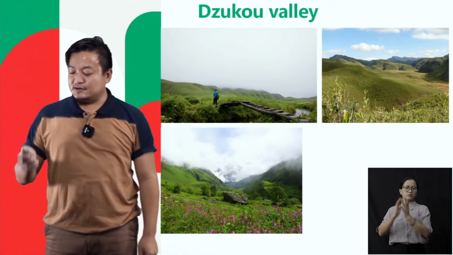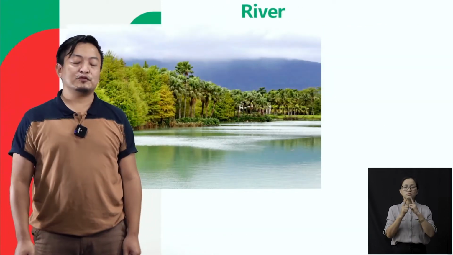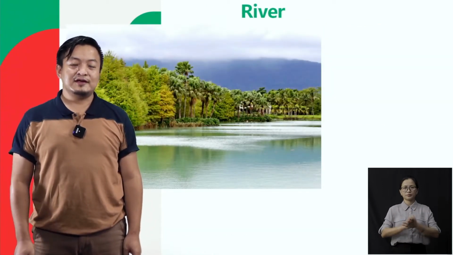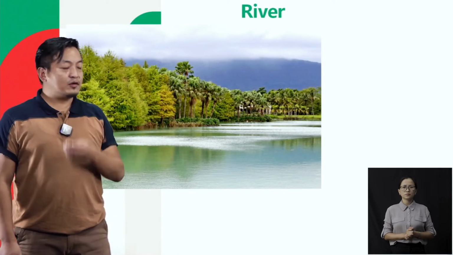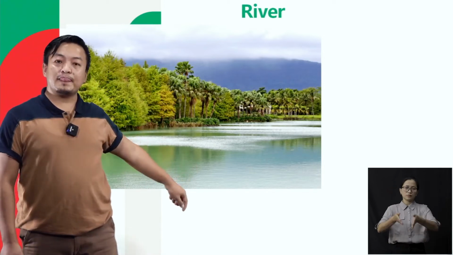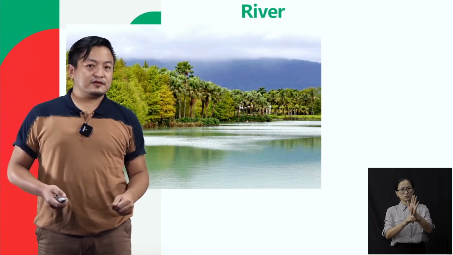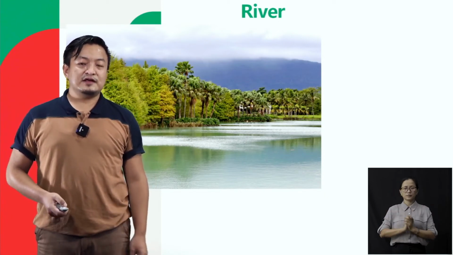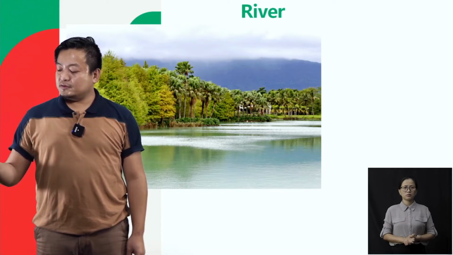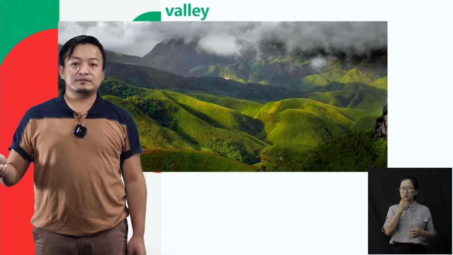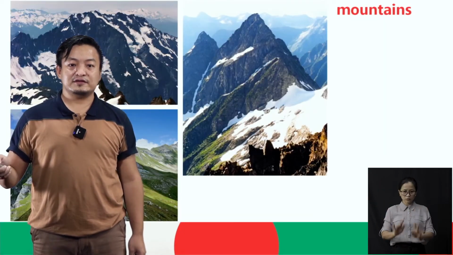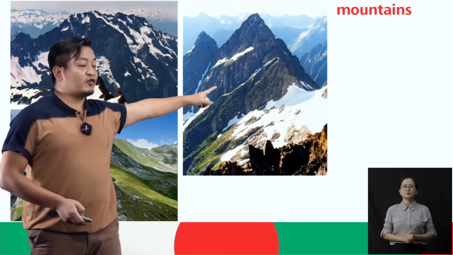Now students, we will discuss river, right? Now students, do you know how rivers are formed? I have shown you mountains, right? Now the snow falls on the mountains, right? The snow falls on the mountain.